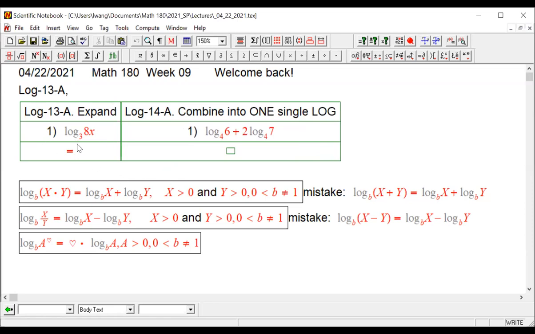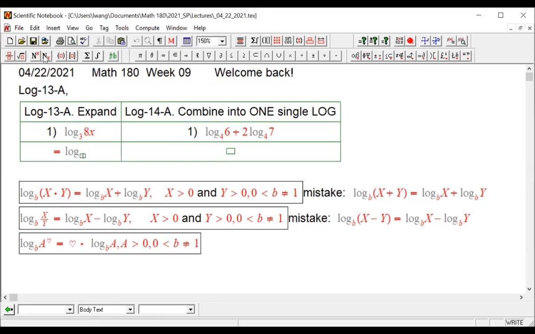So for number one, the answer here would just be what? You just use the product rule. Log base 3 of 8 plus log base 3 of x. You're done. Do you guys get it? On the other one, however, you're going to make it into 1 log.